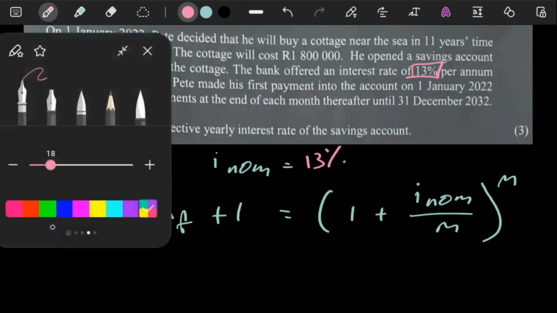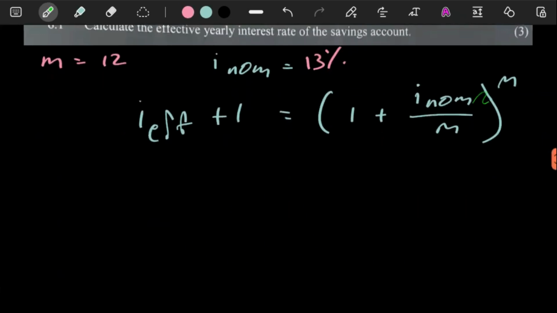So the percentage symbol, you definitely are going to need to use it if you're not going to write it as 0.13 or a fraction. So let's see.